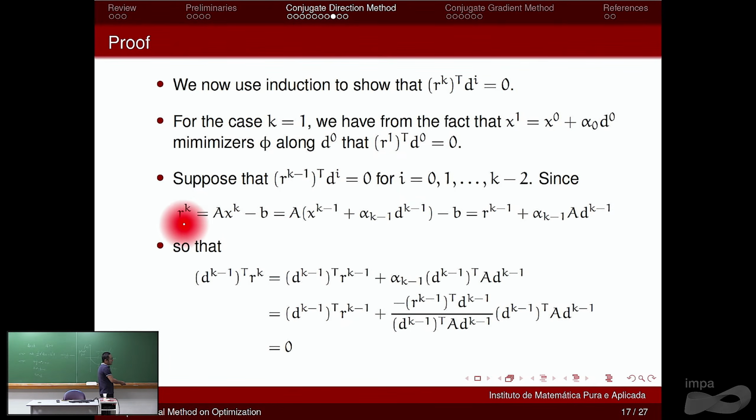Remember, rk equals rk minus 1 plus alpha k minus 1 A dk minus 1.